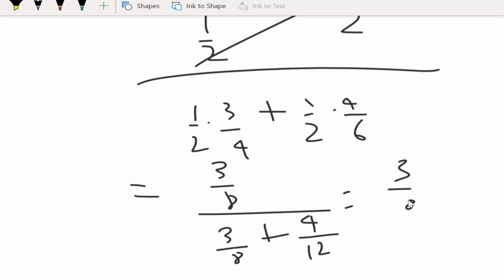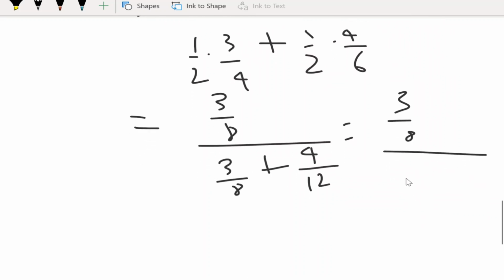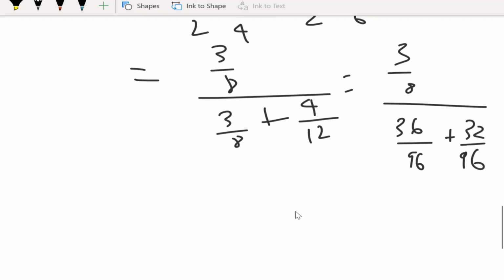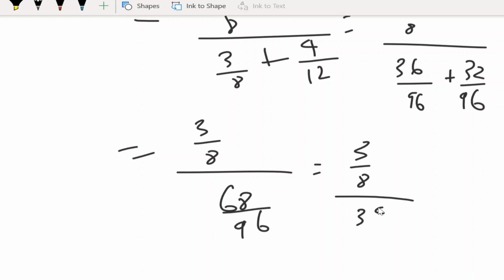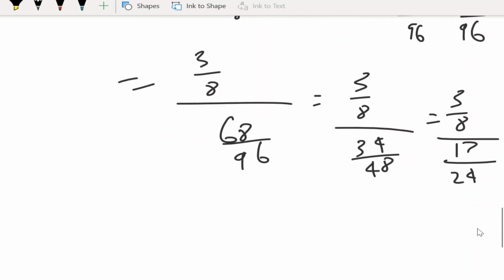So 3/8, over 36/96 plus 32/96, which is 68/96, which is 17/24.